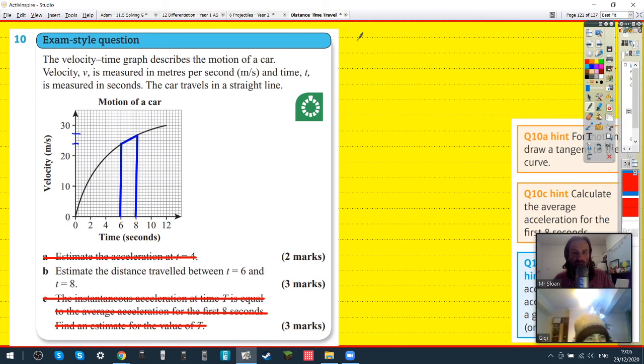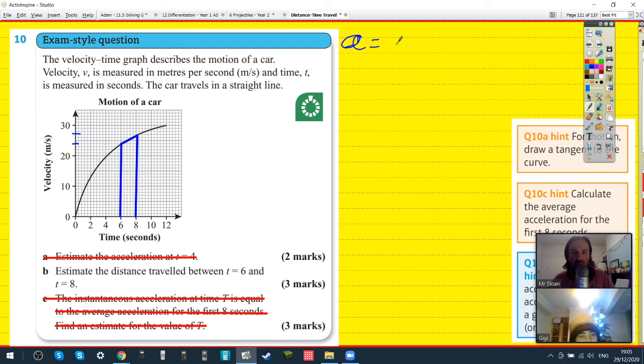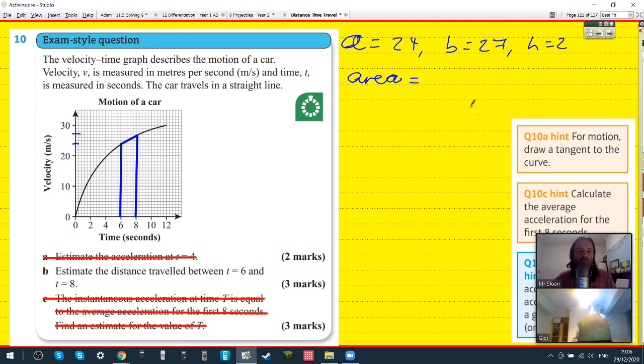B would be 26. I think it's 27. I might be wrong. Yes, 27. And H is 2. 51. 51 is it? So that's 51 meters.